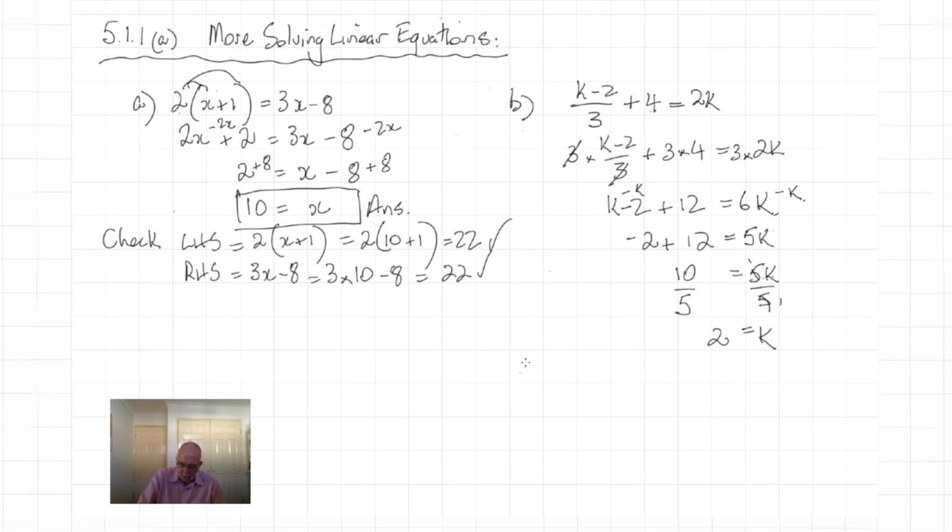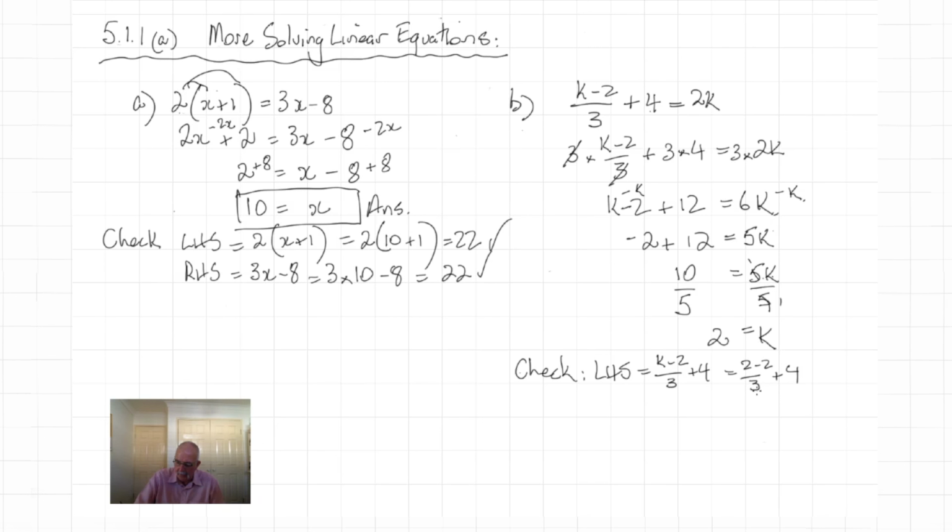Once again, we should check. Left hand side equals k minus 2 on 3 plus 4. Now we're going to put k equals 2, so we've got 2 minus 2 over 3 plus 4. 2 minus 2 is 0. You can have 0 on the top, you can't have 0 on the bottom.